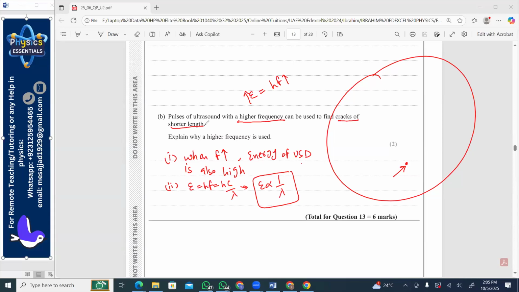It was not the second point, by the way, it was just the first point. Okay, we don't need that.